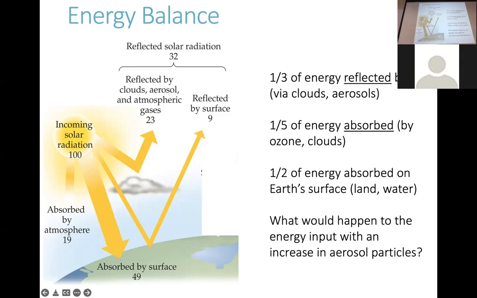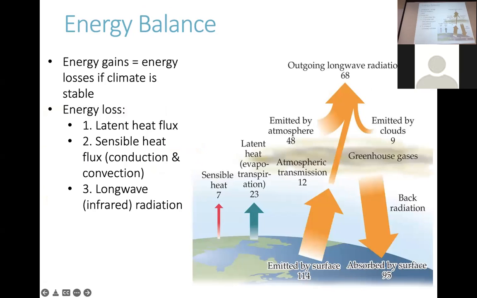We're not going to go into a whole lot of detail right now about human effects on that. Again, that's more environmental science, but definitely something to consider as we talk about how the global climate system functions, how we're affecting it. Okay, so if we want the climate to be stable and stay the same for many years, the energy input has to equal the energy output, right?